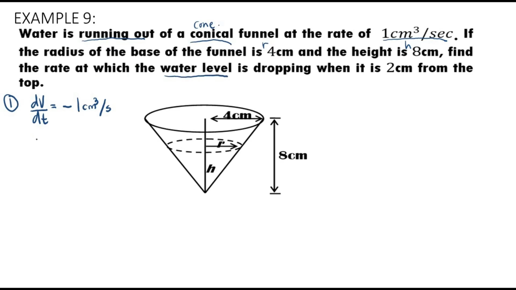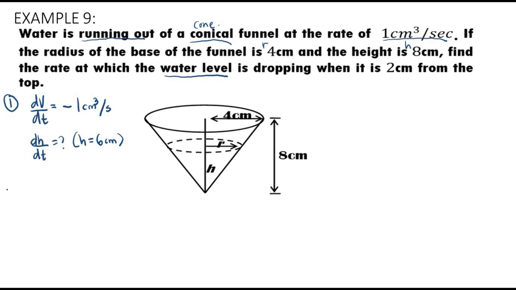So we have to find dh over dt when it is 2 cm from the top. Our original height is 8. If it is 2 cm from the top, our h now will be 6 cm. These are the two pieces of information given in the question.